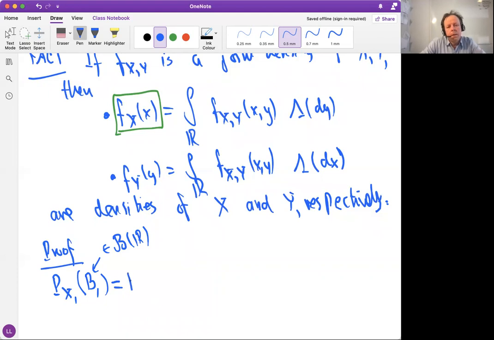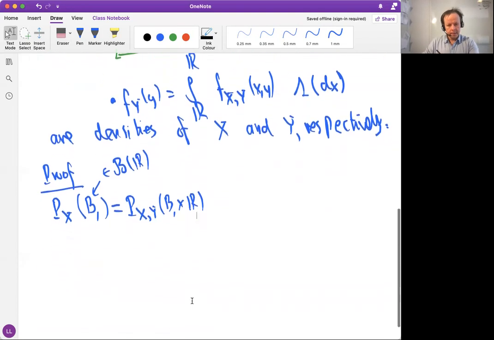Again, we use the fact that this is obtained from the full law of X and Y, where X was the first coordinate, and then we had this B1 and then the full real line here. That was the connection between the joint law and the marginal law.